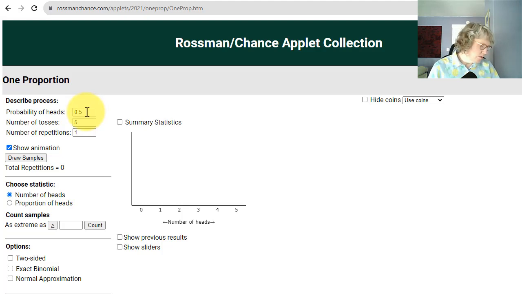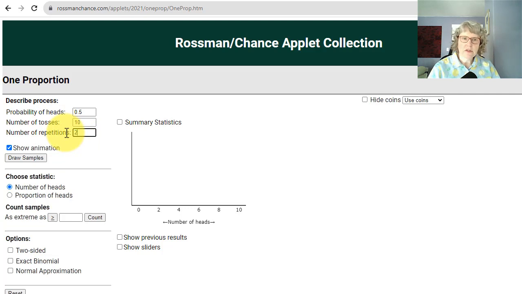So we're going to keep the probability of heads at 0.5, so it's 50-50. We're going to do 10 tosses and 2,000 repetitions.